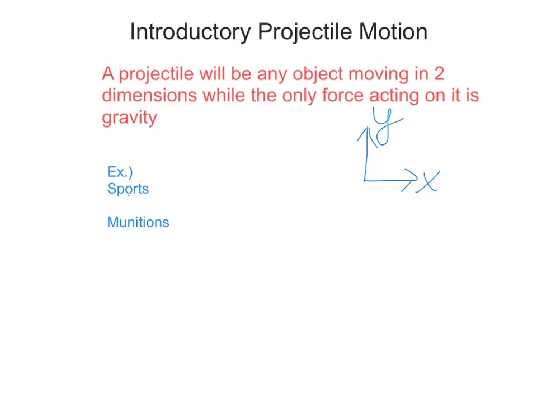Now, the second requirement is that to be considered a projectile, it needs to be something experiencing only a force of gravity, and no other forces are influencing it. This means that we are saying that air resistance is negligible when we talk about projectile motion. It's gravity and nothing else as far as forces go.